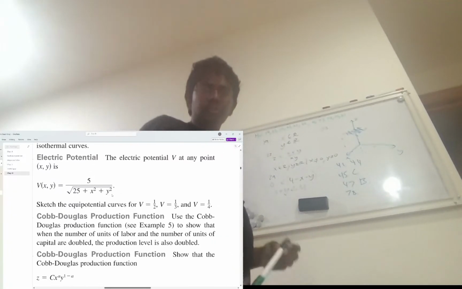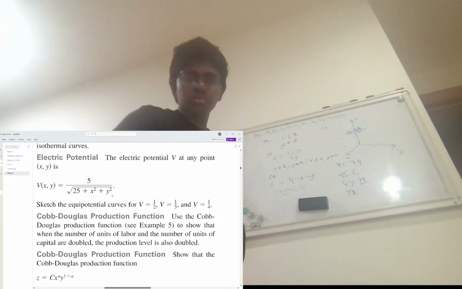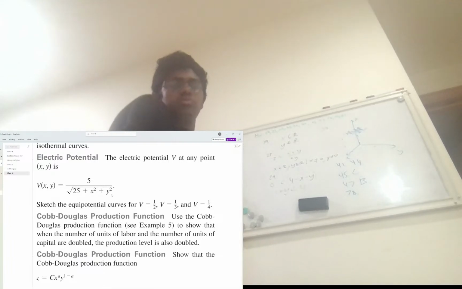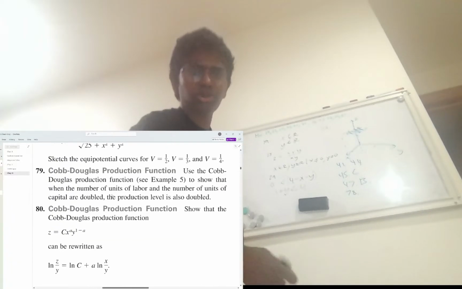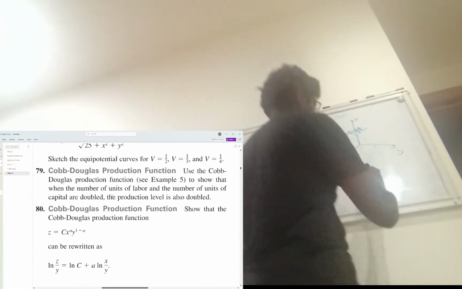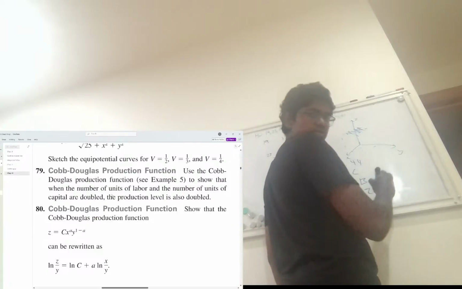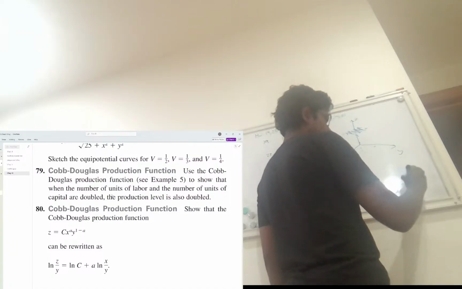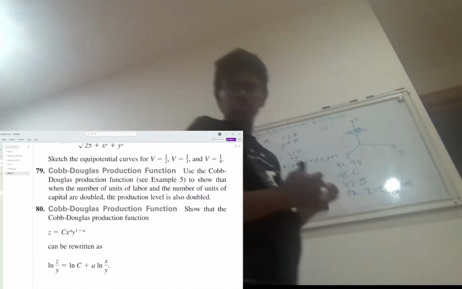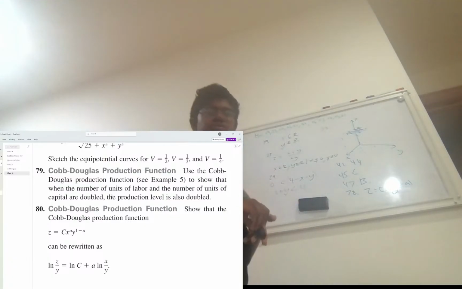Use a Cobb-Douglas production function. Okay, so it gives us the Cobb-Douglas function, P equals C x^a y^(1-a). Assume a is some constant.